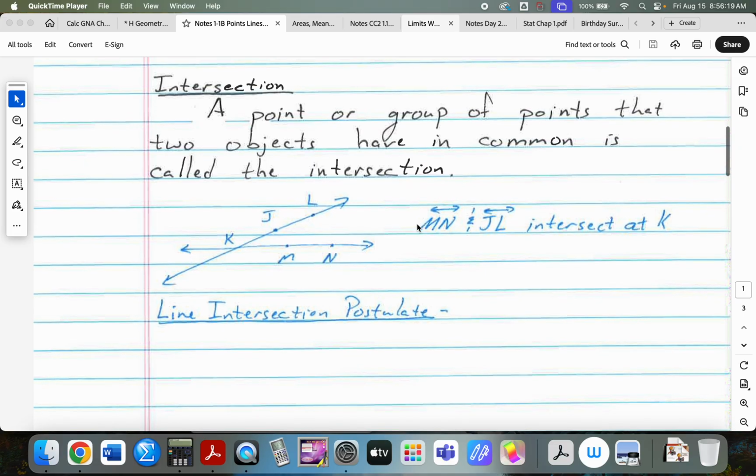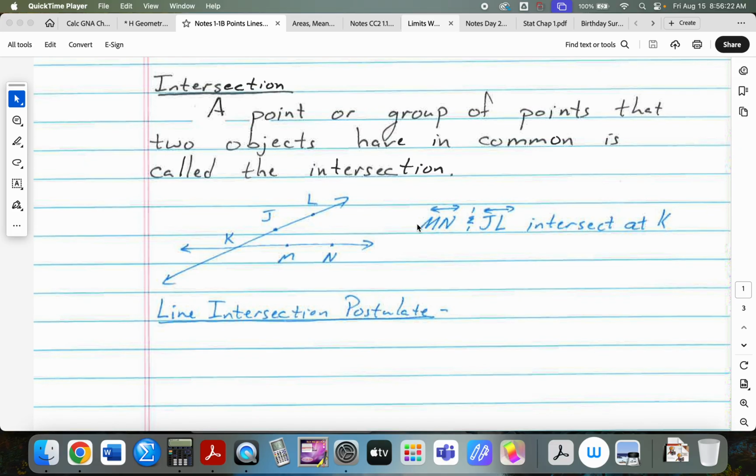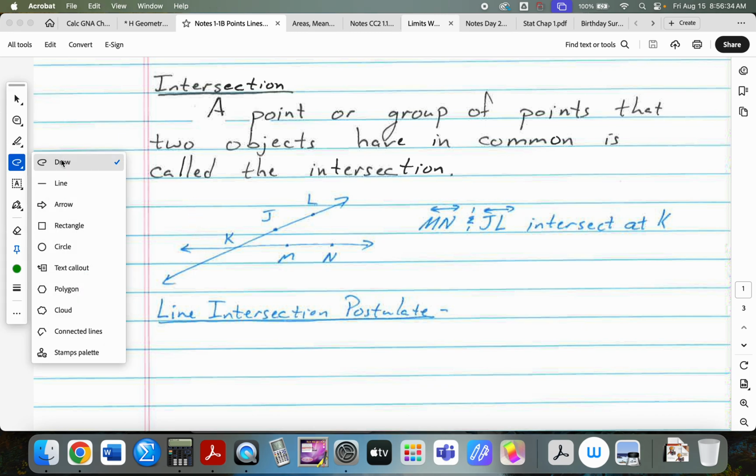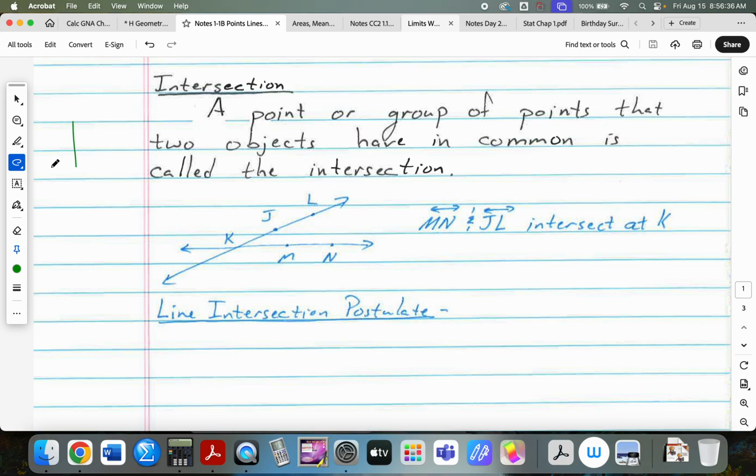All right, so intersection. Typically, when you think of intersection, just in non-mathematical terms, you think of like two streets crossing one another, right? The intersection, when you have two streets, is the part that is part of both of them. So if we have something like this, where we have these two streets that are crossing one another, the intersection is all this part right here in the middle.